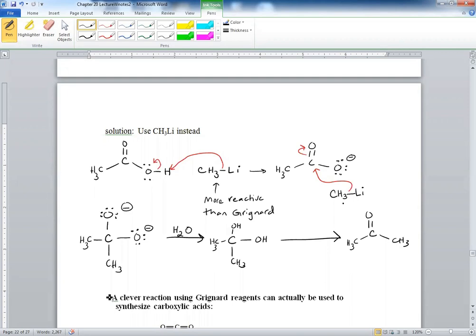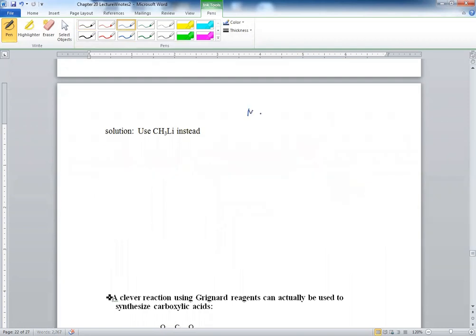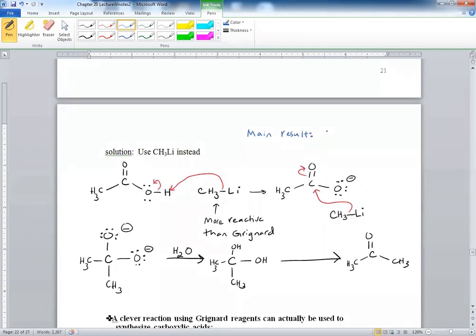So again, make sure you remember that the main result in this reaction is the synthesis of ketones from carboxylic acids.